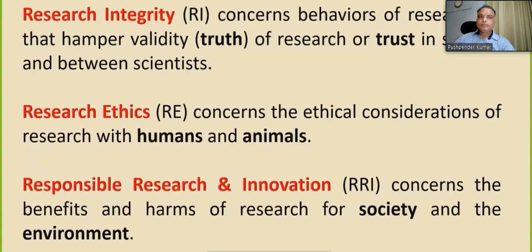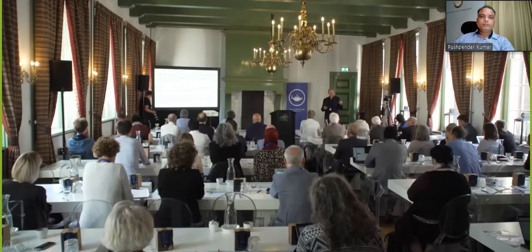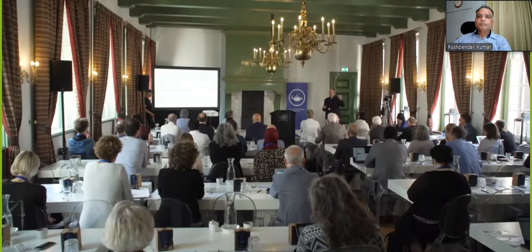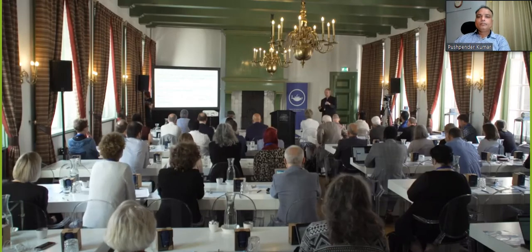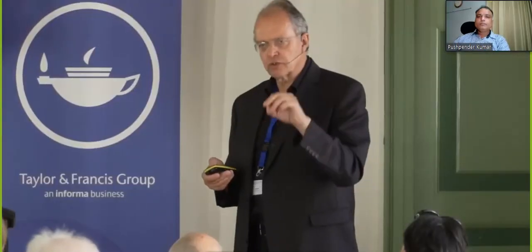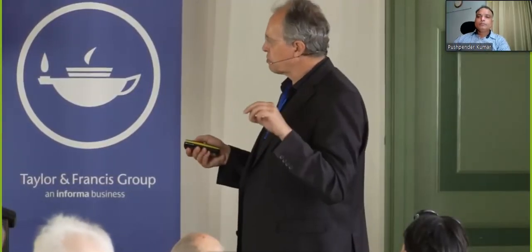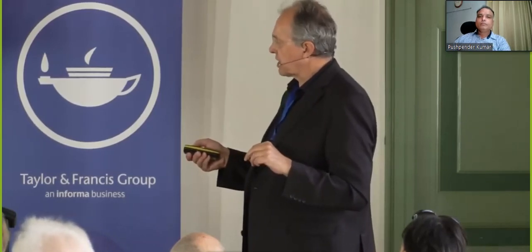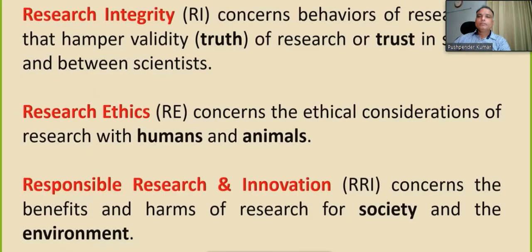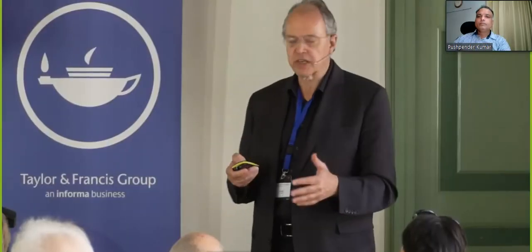I'm not saying that that behavior is not influenced by systems and climates and perverse incentives. It is concerned with behavior, and more specifically, behavior that can hamper validity, truth finding, or trust in science or trust between scientists. That is what I mean when I say research integrity.